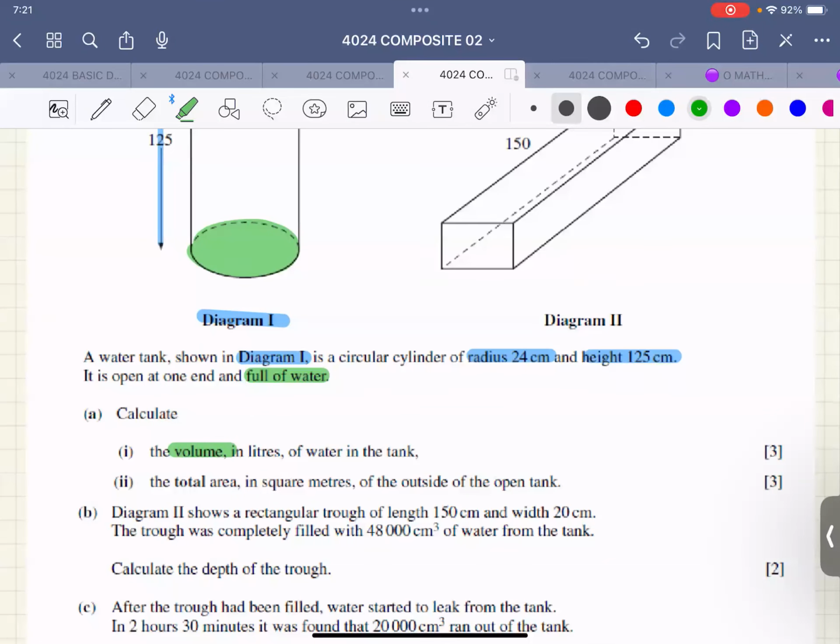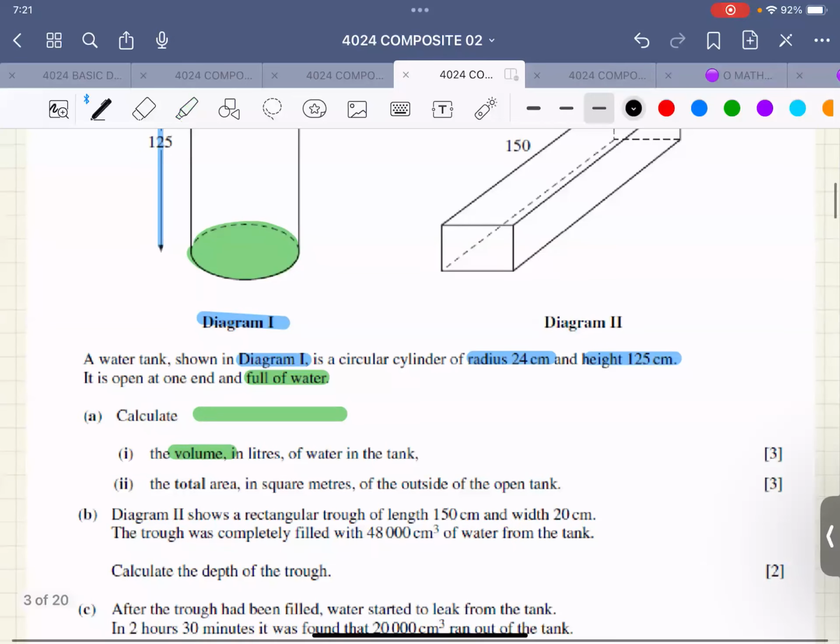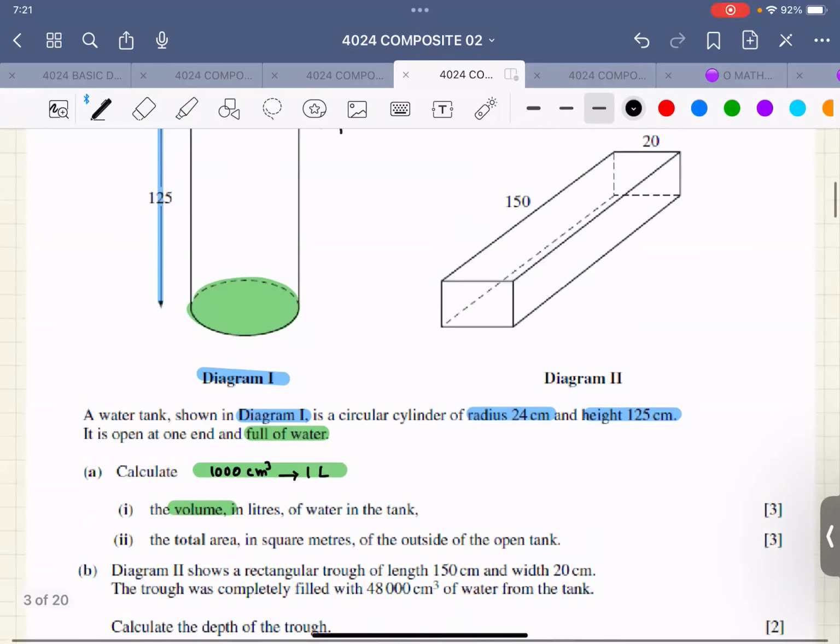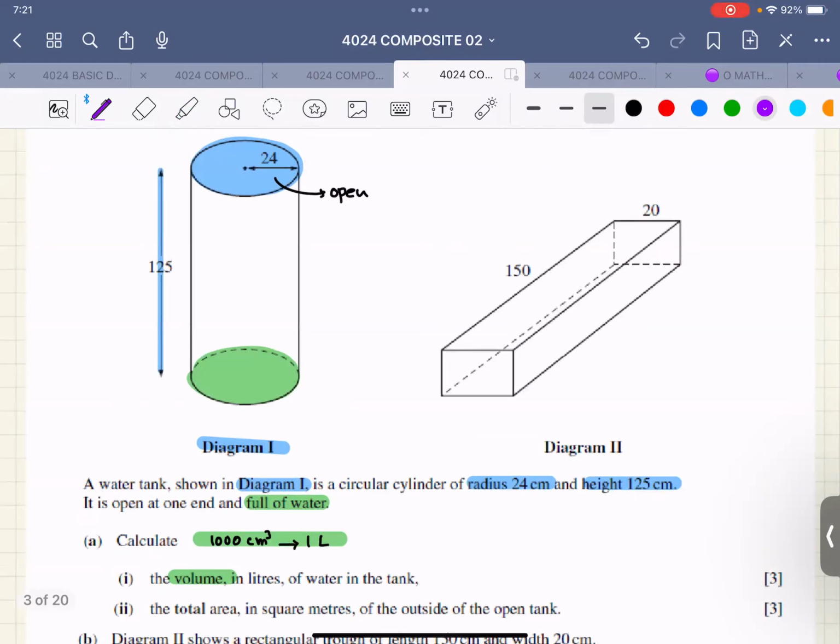So we need a conversion over here. That conversion is 1000 centimeter cube equals 1 liter. And then we need the total area in square meters. So we need this curved surface area also, which goes like this all the way over here, and definitely there is a formula that we will be using.